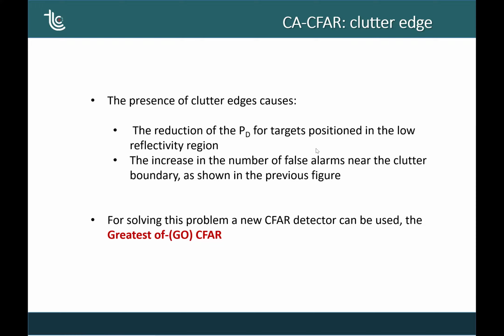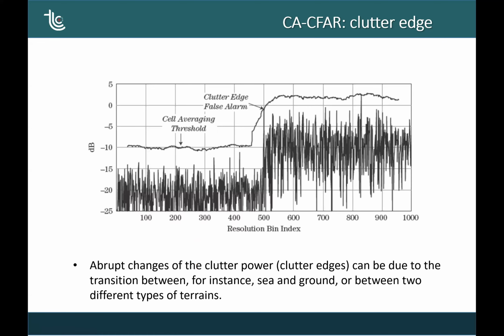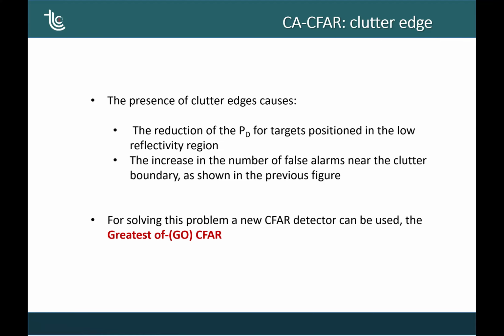Okay, I think I can start this last part of the lecture today. So we have seen that we have this problem in the clutter edge where the power is low, we have a decrease in the probability of detection, and where the power is high, we have an increase of the probability of false alarm.